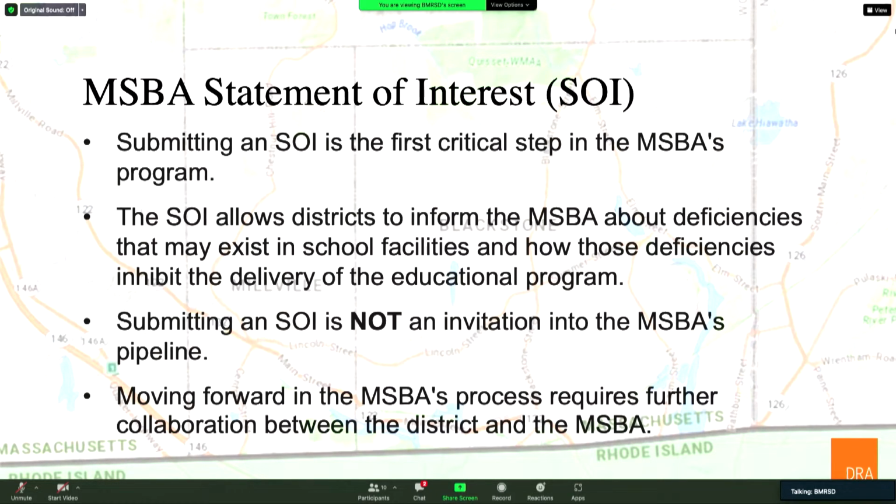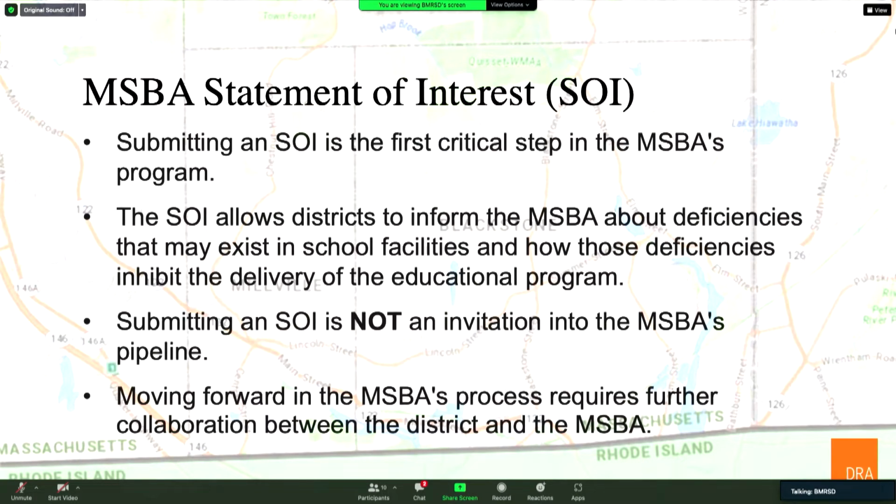So statement of interest, this is where everybody starts to wonder what happens next. The statement of interest is filed by the school committee and the school administration. And it is a non-obligatory filing. It's just the town, the school district telling the state, we think we need some help here. Then the state reads through the application and says either we agree or we don't agree.